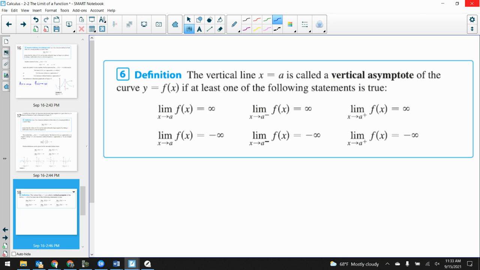We can say that the limit as x goes to that vertical asymptote number, the function will either grow rapidly or decrease rapidly to infinity. And either of these things must be true, or both. Remember, the reason this is true is because from the left side it goes up, from the right side it goes up.